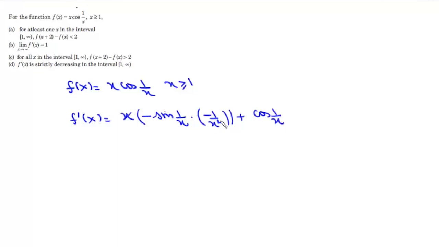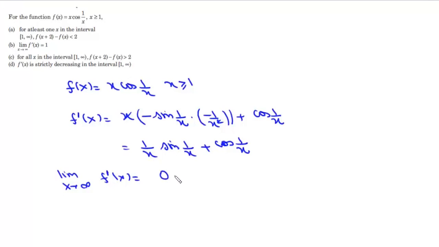Now here x and x will cancel, so it will be equal to (1/x) sine(1/x) plus cos(1/x). Now we look at this option B. So if we take this limit x tends to infinite, f dash x, it will be 1 by infinite, which is 0, and plus, now this is cos 0 which is 1, so this limit is 1, that means this option B is correct.